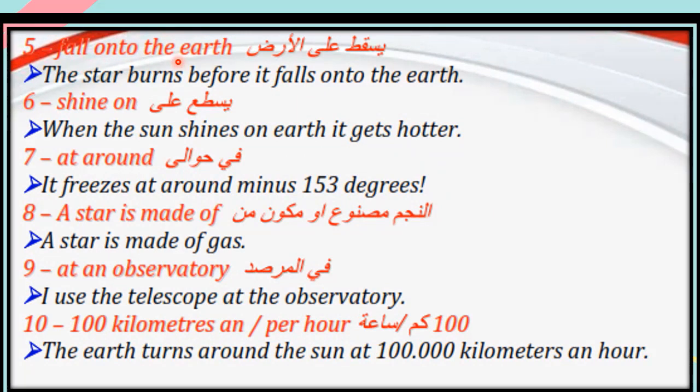Some of the comets or the burning stars fall onto the Earth. Shine on. When the sun shines on Earth, it gets hotter. It freezes at around minus 153 degrees. A star is made of gas.